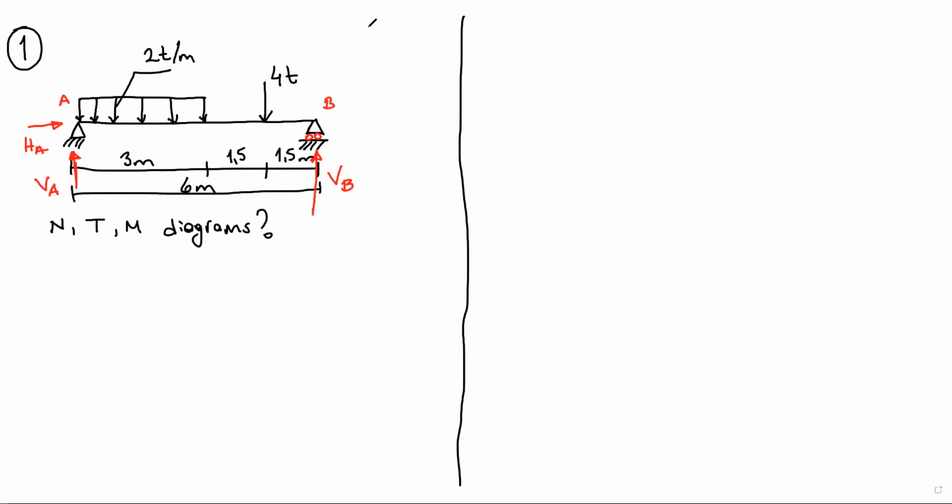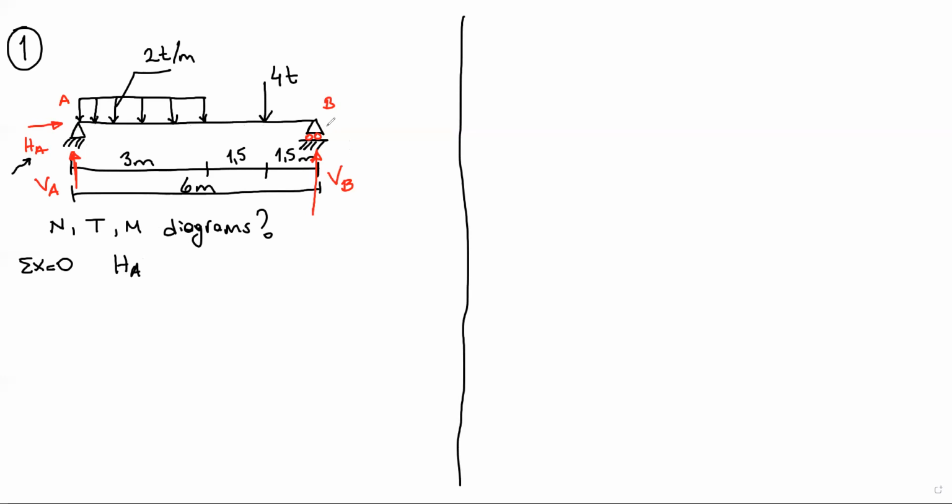Now, we have to calculate support reactions to start. Let's write the total X is 0 first. Total X in the horizontal direction. What we have, HA, this one, HA, and any more loads?